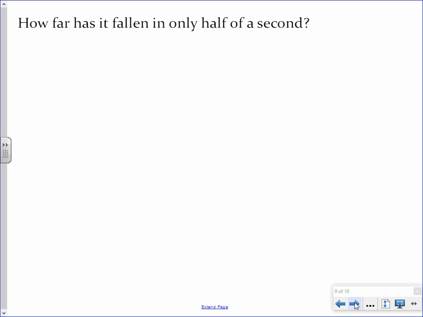Okay, how far has it fallen in only half a second? If we stick with calling the top of the building position 0, we have negative 1/2 times 9.8 t squared.